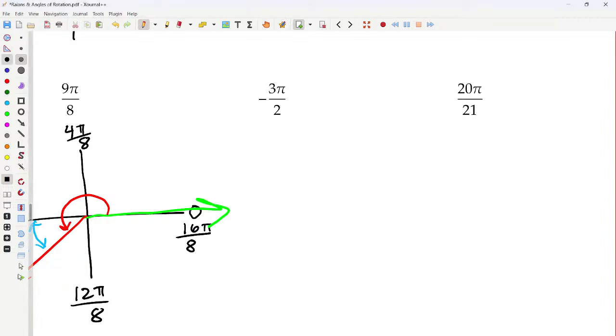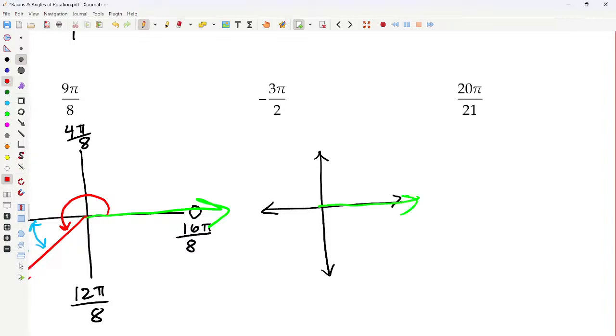I wish I didn't put this here, but I did, so I'm going to live with it. There's one thing I don't like about this. I have no problem with negative 3 pi over 2. It's actually a super common angle that we're going to see. Negative means we're going to start on the positive x-axis, rotate clockwise. Now I know this is pi over here, so I can do 2 over 2, which is also the same as 1.